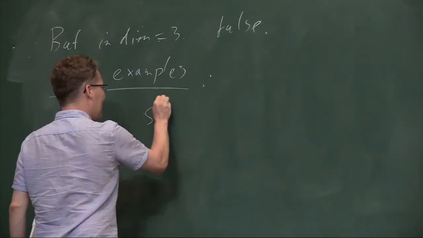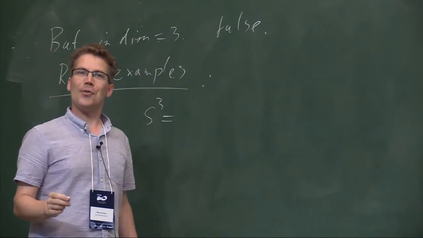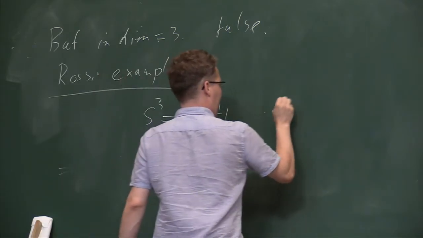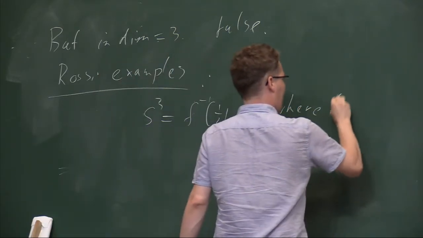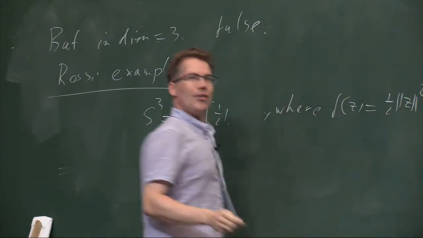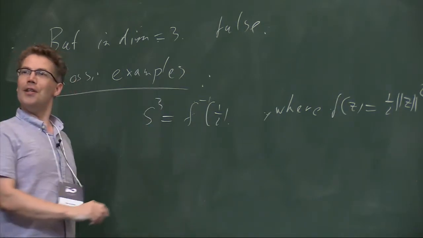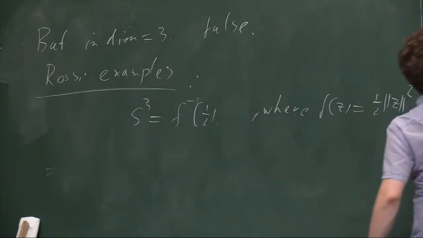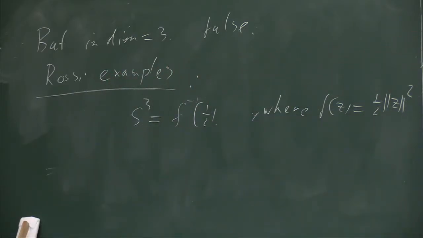So let's look at standard S^3 in C^2. It's just a standard round 3-sphere. And okay, we can look at the contact structure. So what's the contact structure? D is the kernel of theta.